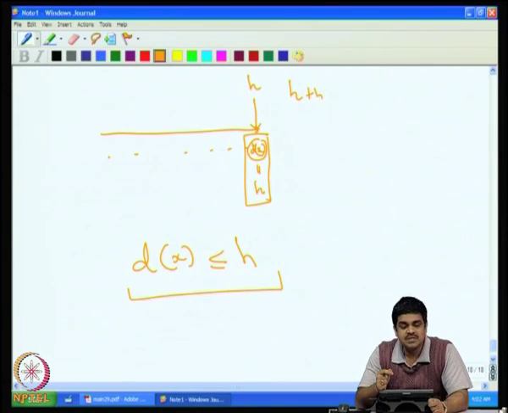So, how many such numbers are there? There are at least h of them, because h orange vertices are there including x. So, d of x can be the hth number, or d of x can come even after that. In the earliest case, d of x appears as the hth number.